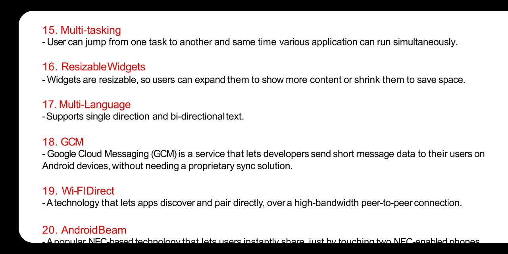This means you can play a song and also chat with your friends using Messenger or WhatsApp. This is multitasking. Next, resizable widgets. Widgets are resizable, meaning you can expand them to show more content or shrink them to save space.